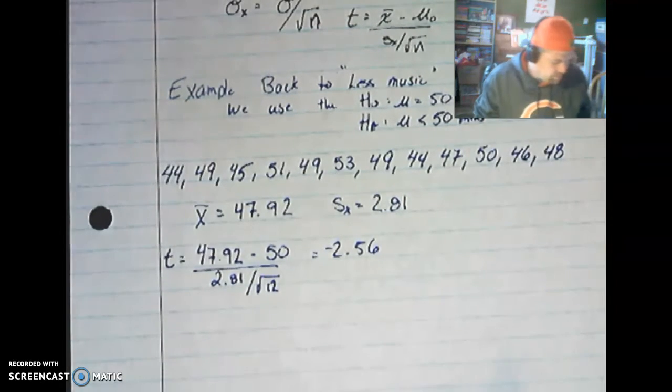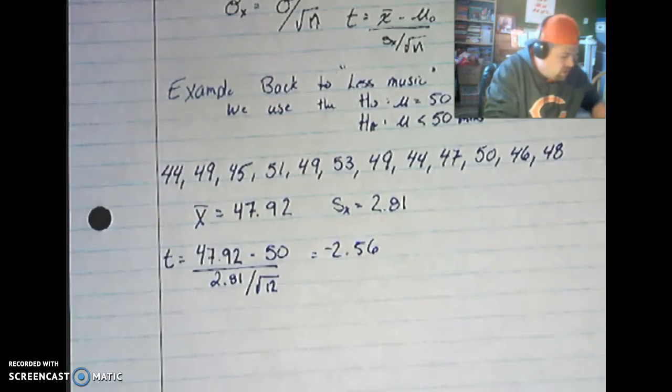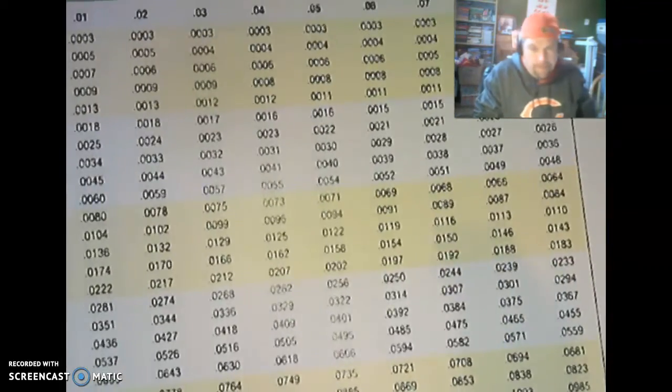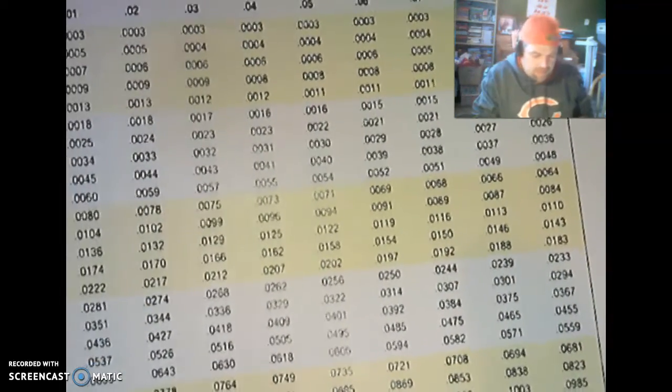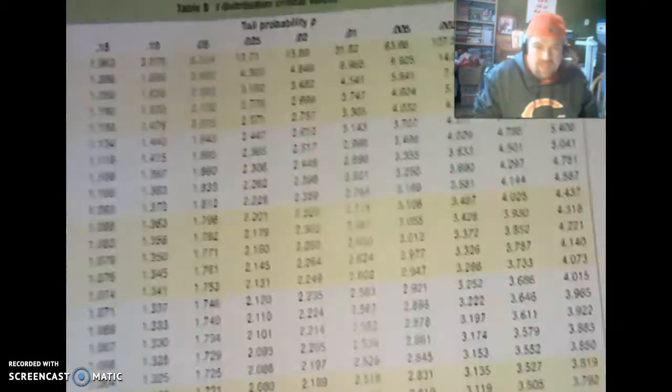Now we're going to take our textbook, because we need the chart on the back. This is table T3, our T distribution.